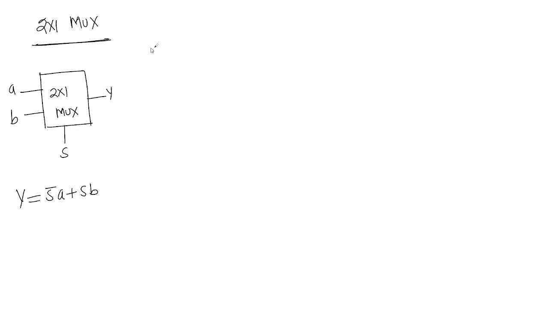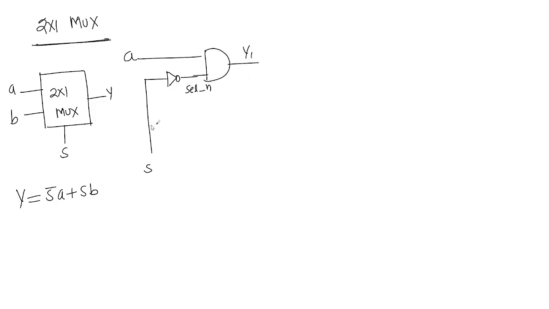How to implement this with the logic equation? Here you take one input A, and the selection line comes through an inverter. Let us take this pin as selection underscore n, with output y1.